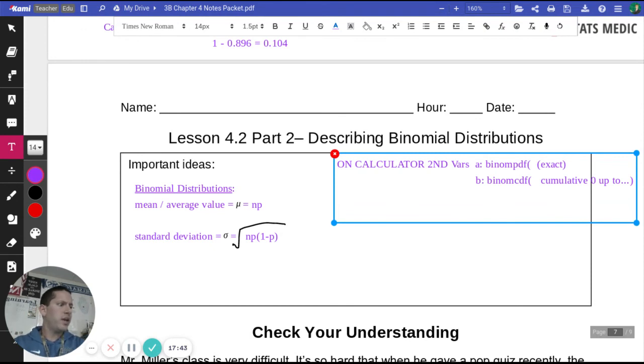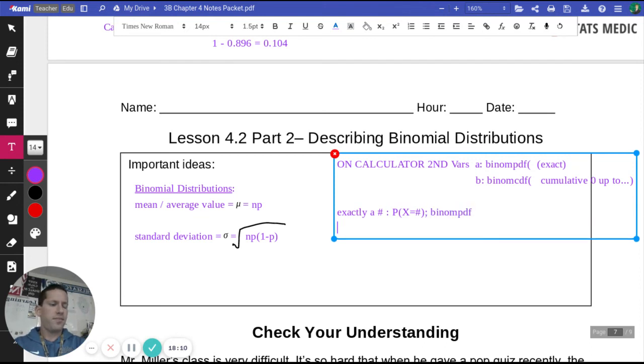So if we want exactly a number, for example, the probability at x equals a number, then we're going to use binomial PDF.